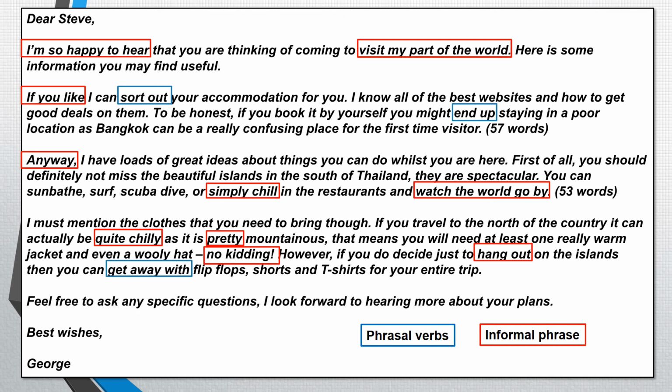And get away with, which here means it'll be okay if you just wear flip-flops. There won't be any problems. So you can get away with wearing flip-flops. And also hang out is actually a phrasal verb as well. So that's a tip on how to maintain an informal tone to your letter.